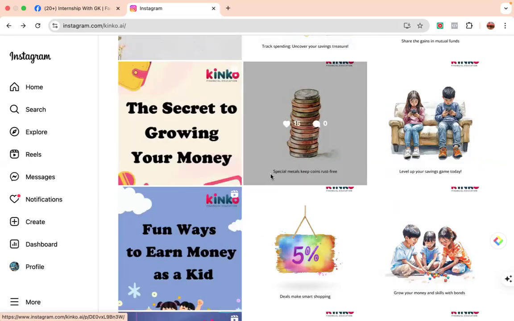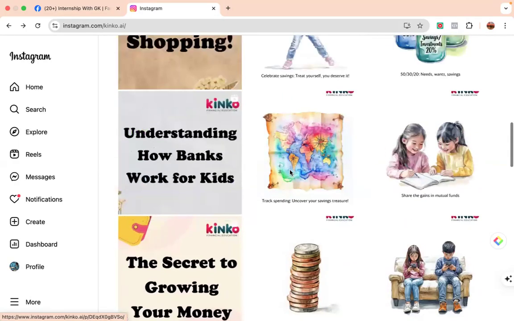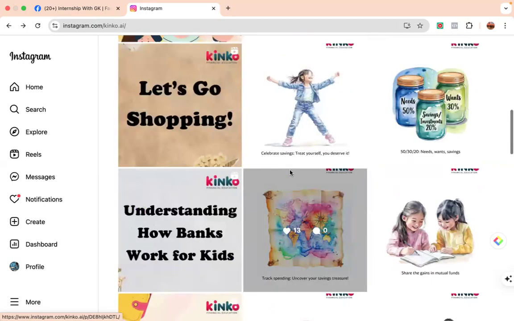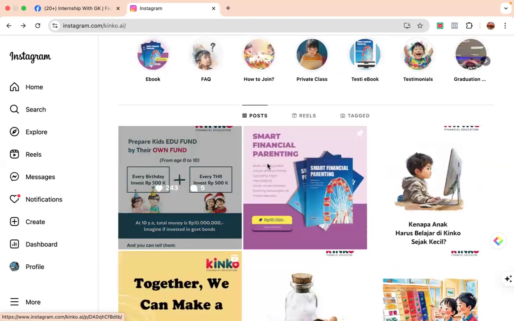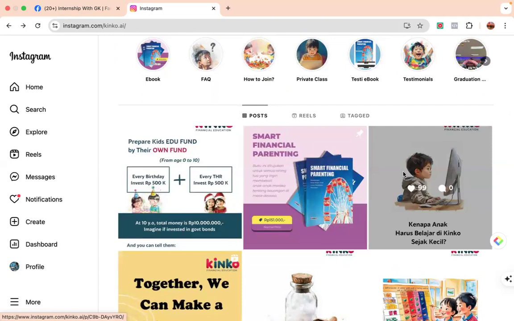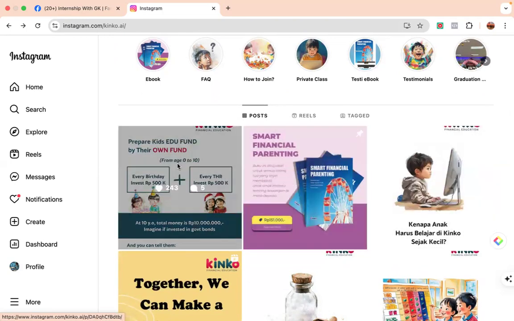So that way your finances are rust free as well. It's a beautiful pun intended. So as we have figured out, there are different varieties of posts being posted by this particular company. Let's pick one of these posts.